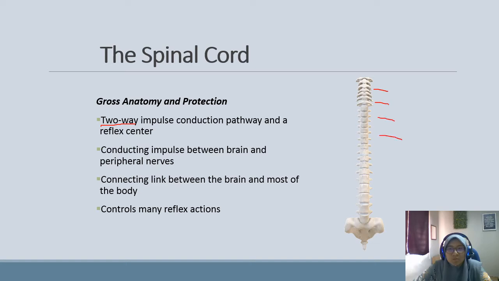So it is also a connecting link between the brain and most of the body and controls many reflex actions. An example of a reflex action is when you touch a hot stuff and you immediately lift up your hand.